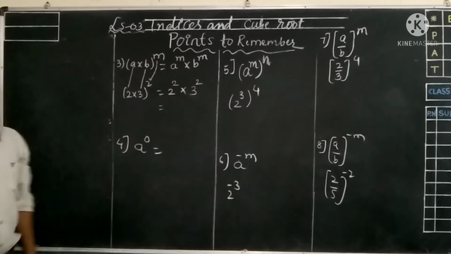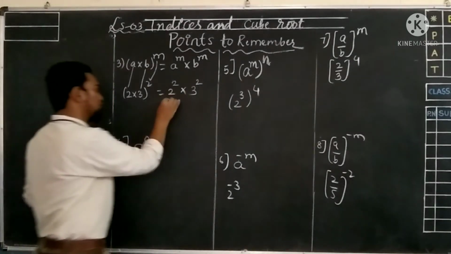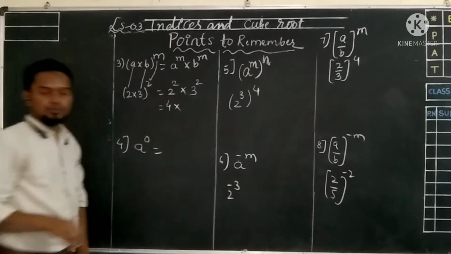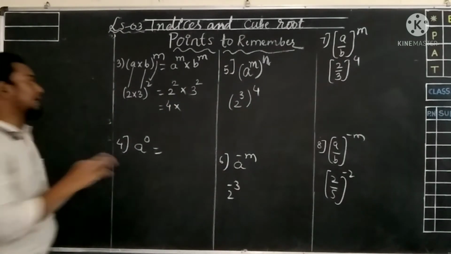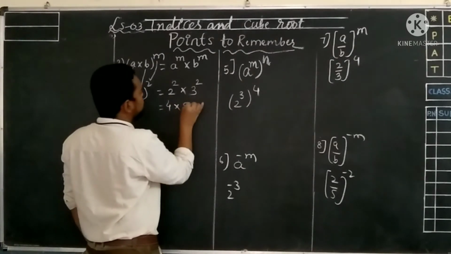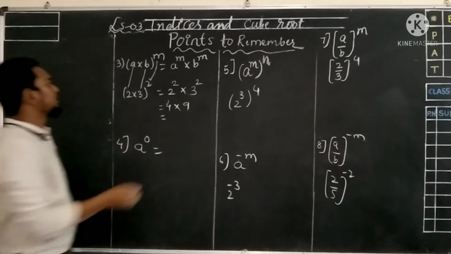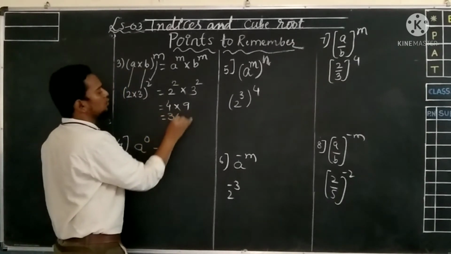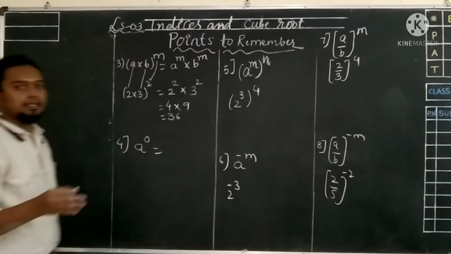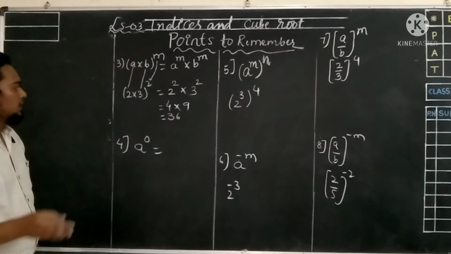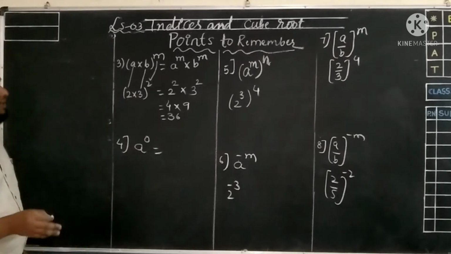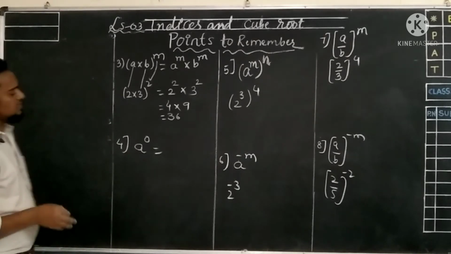Therefore 2 square is 4 and 3 square is 9. 4 nines are 36.